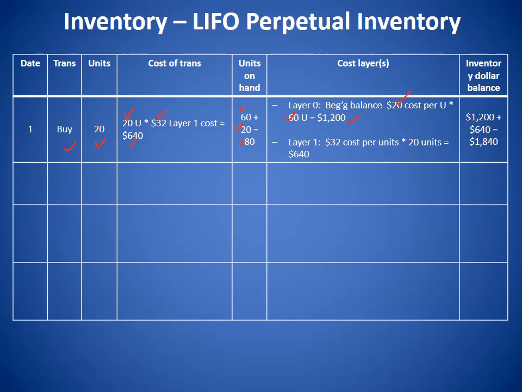Then we go to layer 1, our first purchase of the 20 units. In this case, we spent $32 cost per unit times the 20 units, which establishes layer 1. And the value of layer 1 now is $640. So if we combine these two layers together, the 1,200 plus the 640, the total value of our inventory balance is $1,840.